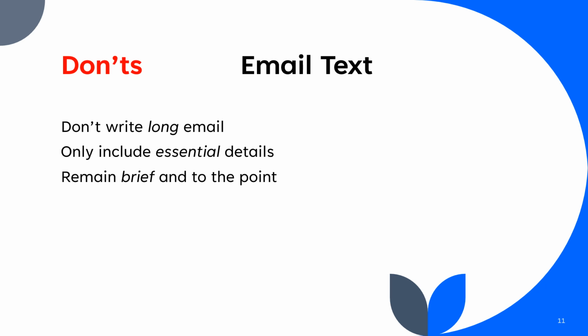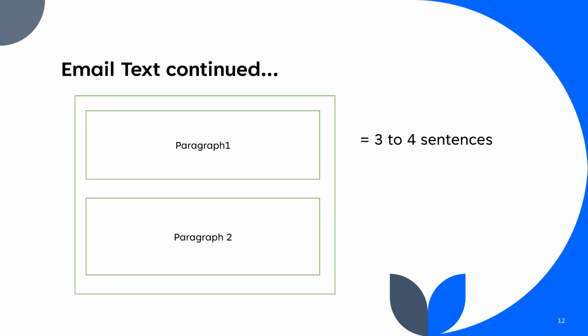You want the reader to read all of your text, so you should only include important information, essential details, but remain brief and to the point. If possible, keep the email text to 1 or 2 paragraphs, and no paragraph should be more than 3 to 4 sentences long.